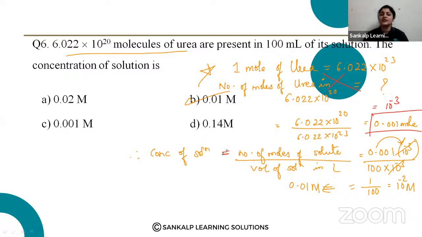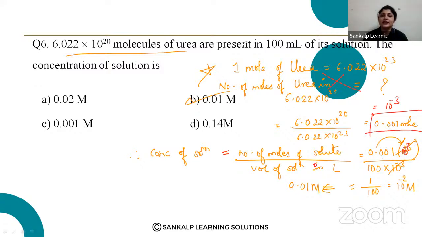We have seen that the concentration of solution is calculated as the number of moles of solute divided by the volume of solution in liters. The number of moles of solute we have found out is 0.001. You can write it either as 0.001 or as 10 raised to minus 3. I'll write it as 10 raised to minus 3.